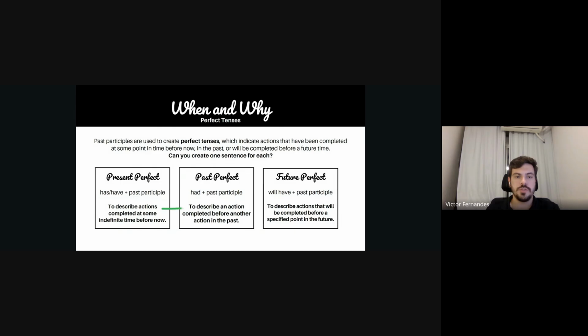But the difference in meaning is that the past perfect describes an action that was completed before another action happened in the past. So it's like a past of the past, something older that happened, and then you see something else that happened in the past.